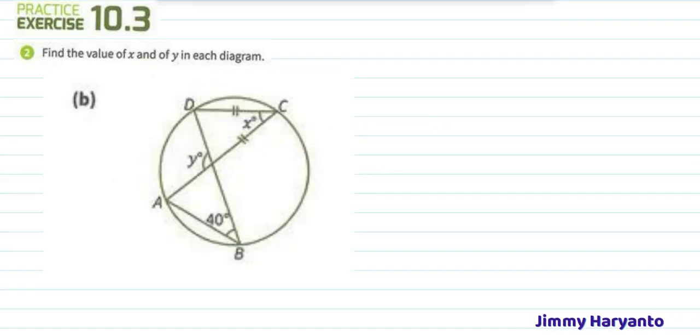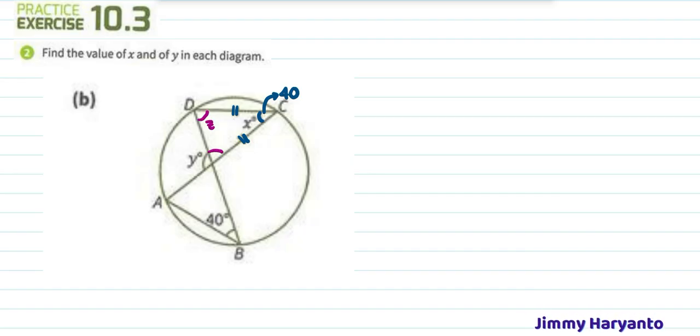Okay, next is 2B. For 2B, we will start from the 40. This is the circumference angle facing AD. This one is also a circumference angle facing AD. That means this one will be the same as the 40. X equals 40, and then this one is the same length. That means the angle of this and this one will be the same.